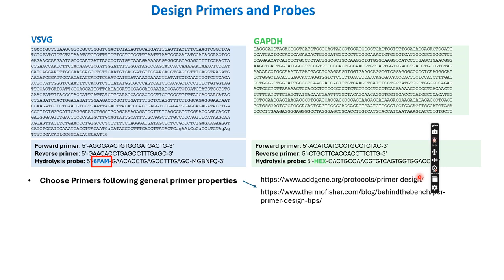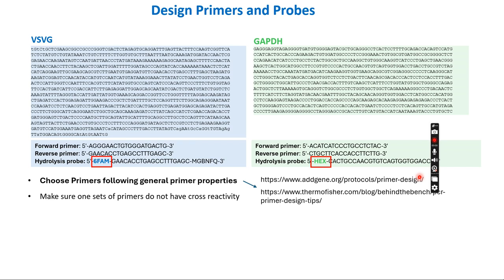I just mentioned that we do hydrolysis probe based ddPCR, and FAM is the default color, which I have chosen. So now I'll choose another color, HEX. I could choose VIC. There is no benefit in choosing HEX over VIC.